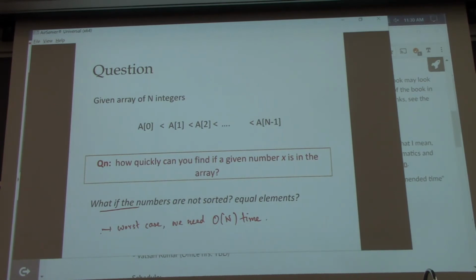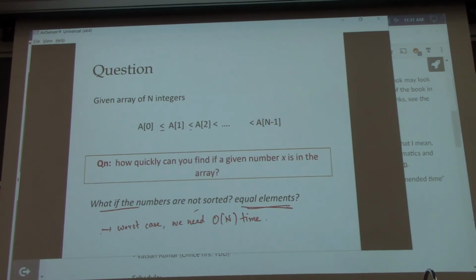And if they're not sorted, binary search clearly doesn't work. But would it work if you had some elements that were equal? Like if it was still sorted, but you had equality somewhere? Yeah, it's the same.